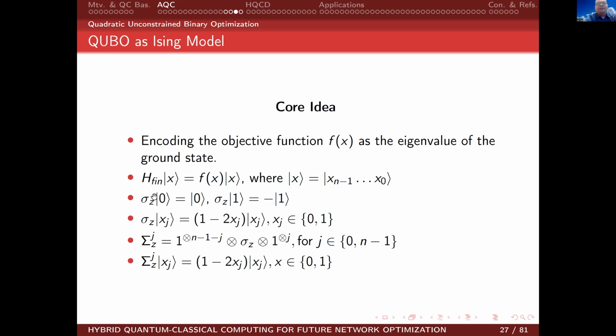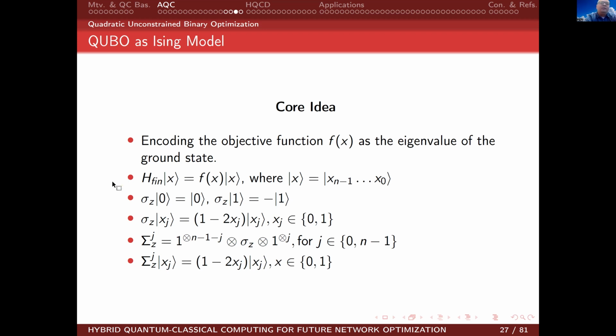First, sigma z is the Pauli Z operator. If we apply this operator on the state ket 0, it will not change the qubit state. If we apply this Pauli Z operator to ket 1, then it will add a negative sign to this 1.